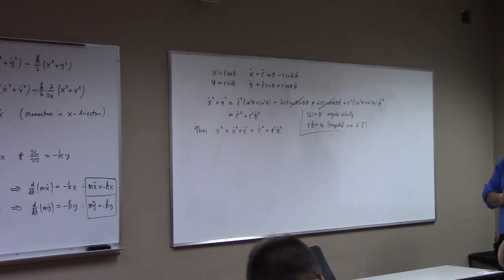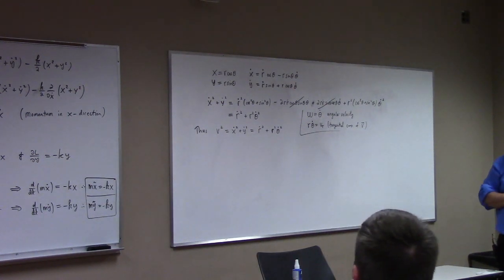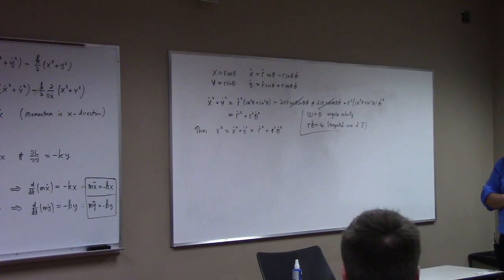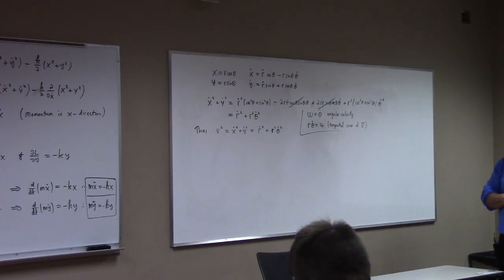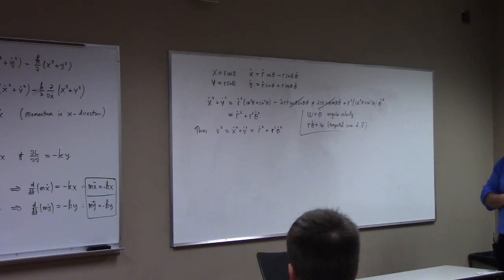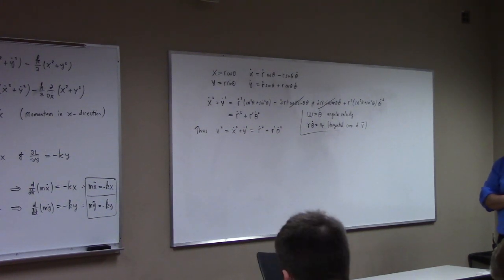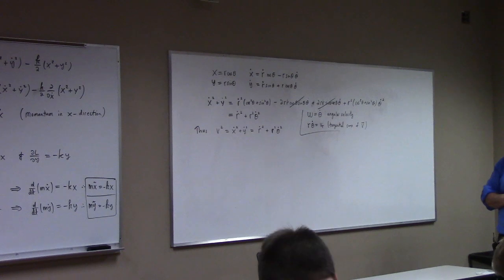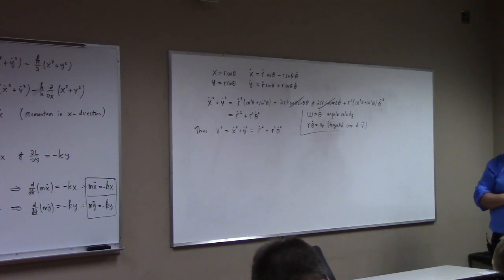And so the velocity squared can be written as the x component squared plus the y component squared, or as the radial component squared plus the tangential component squared, because r squared theta dot squared is nothing more than r squared omega squared, which is the tangential component squared.